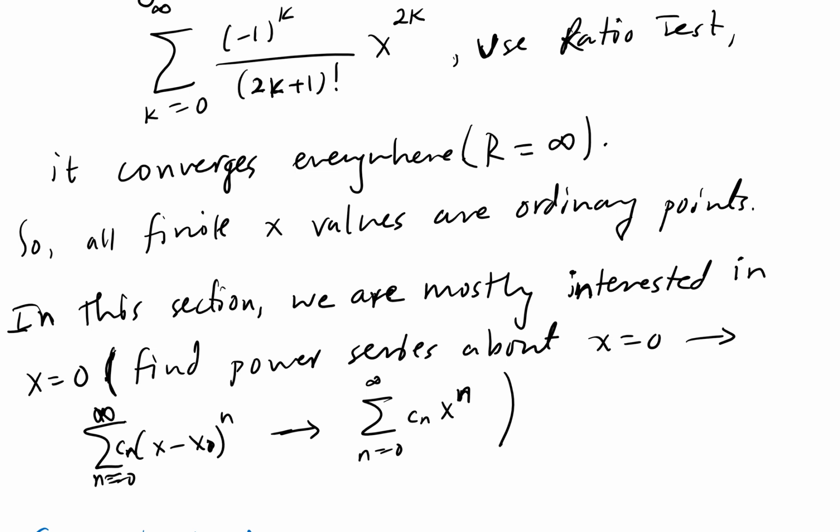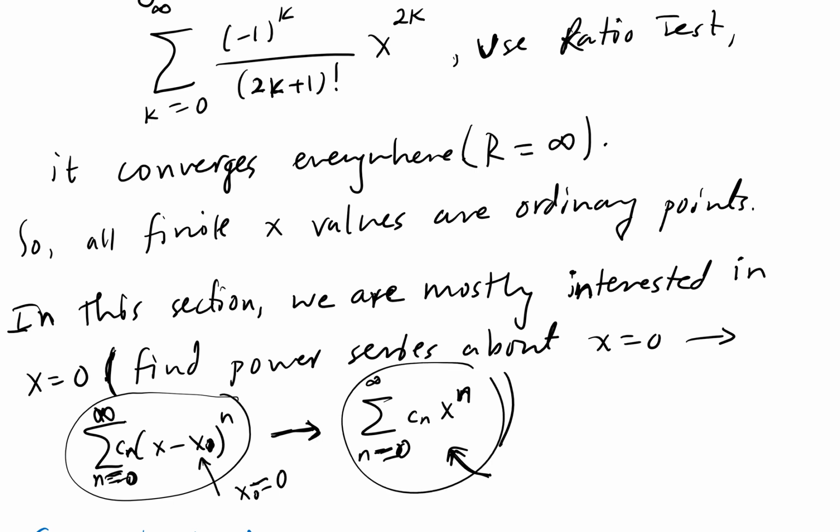Any power series about x0 is always written in this form. But when we say about x equals 0, this means x naught is 0. So then it turns out to become c_n x to the n. Bounds are the same. So this is called a power series about x equals 0. That's what we're going to focus on the most.